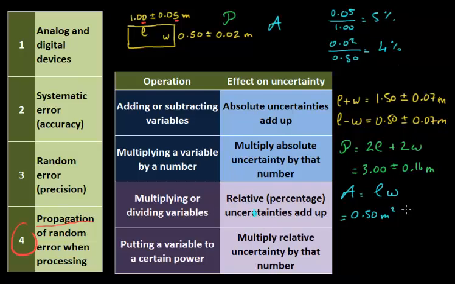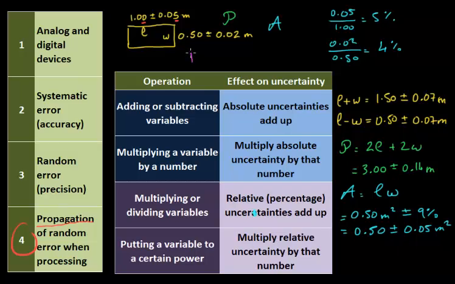So here I have to add 5 and 4% together, and I obtain an uncertainty of 9% for this multiplication. And I imagine I want the absolute uncertainty that corresponds to that. Well, I have to multiply 9% by 0.50 again, and that's approximately 10%. Let's round it to 10%. So I have 0.50 plus or minus 0.05 meters squared.